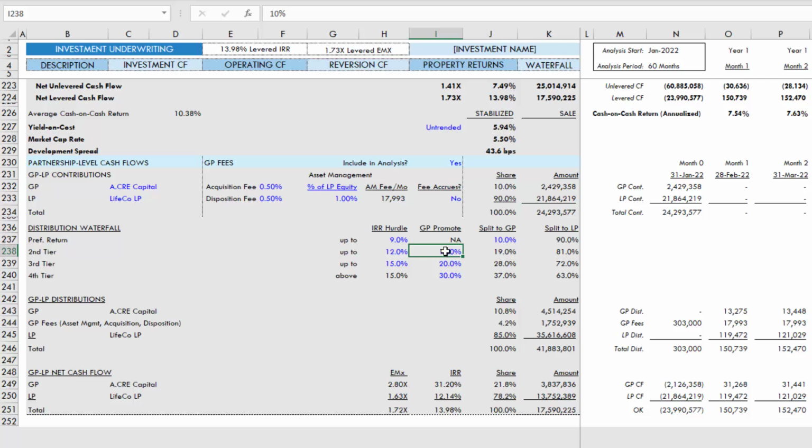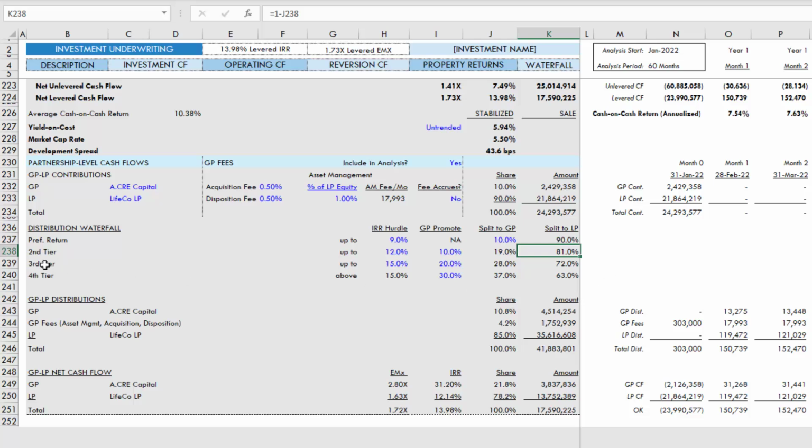So in this case, the partnership pays the GP a 10% promote. The remaining 90% is owned 10% by the GP, 90% by the LP, such that in this second tier, the GP is distributed 19% of total available cash flow, 10% in a promote, 9% in the remaining cash flow, and the LP is distributed 81%.